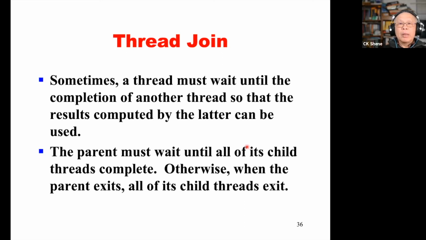If the parent ends before the child terminates, the child will become an orphan. Whatever the parent asks the child to do will become nothing because the parent will not get that result back.